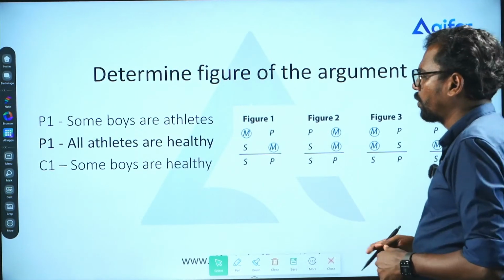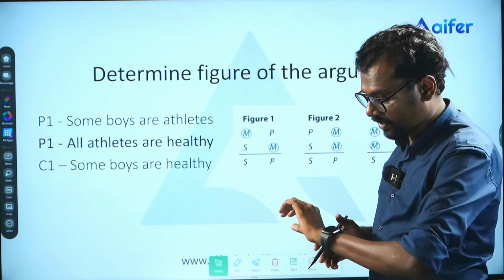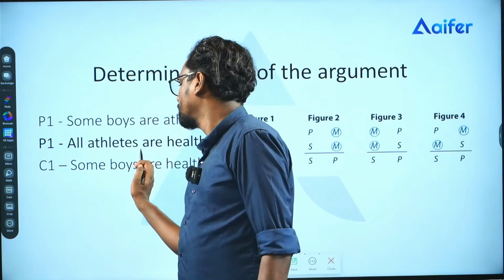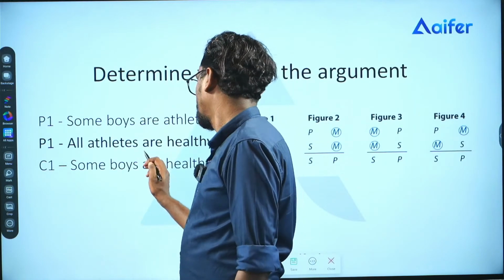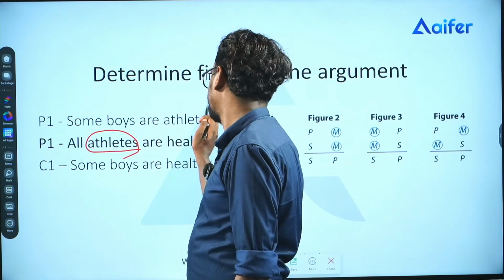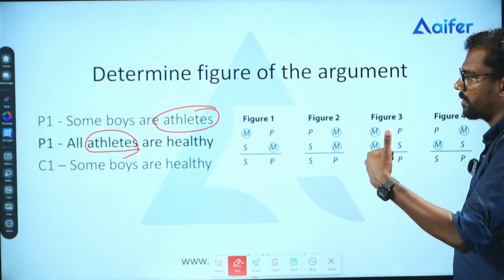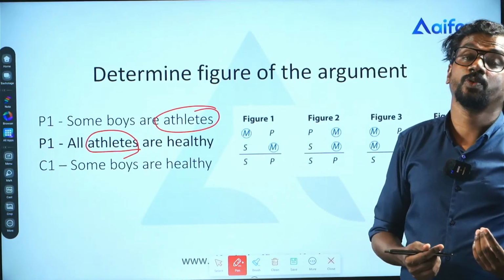First of all, we have to find the middle term, or the common term. So we have athletes as the common term. How is athletes distributed in premise 1 and premise 2?